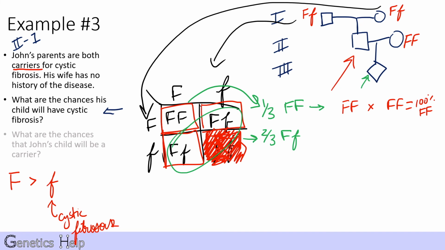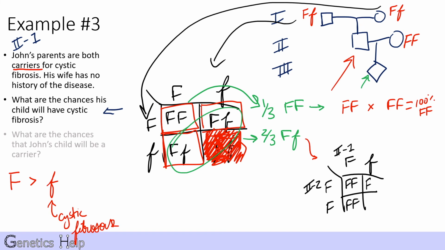Well, let's try if he's a carrier. I'll draw a Punnett square if he's a carrier, and I'll write out 2-1 for that individual. That's John. 2-2 is over here. This is the wife. And you can see, in order for their child to have cystic fibrosis, they need to be recessive homozygous, but that's not possible here.